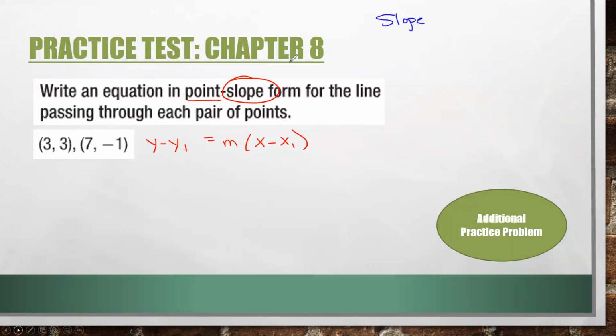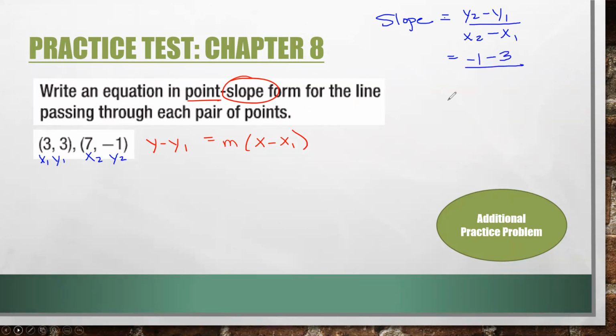Okay, so let's say this is x1, y1, x2, y2. Okay, so remember the slope formula. Y2 minus y1 over x2 minus x1. Okay, so y2 is -1 minus y1, which is 3.